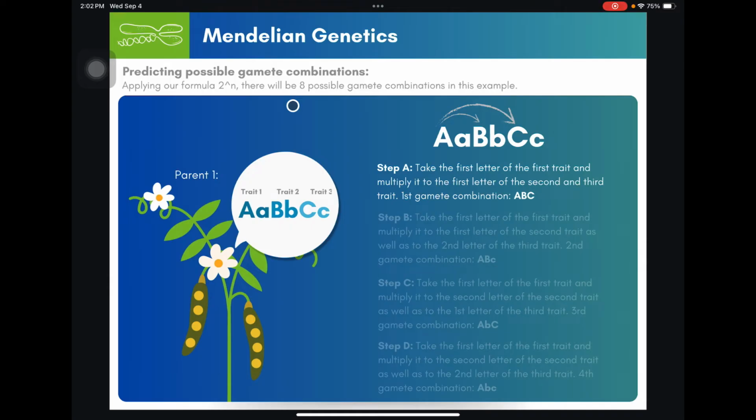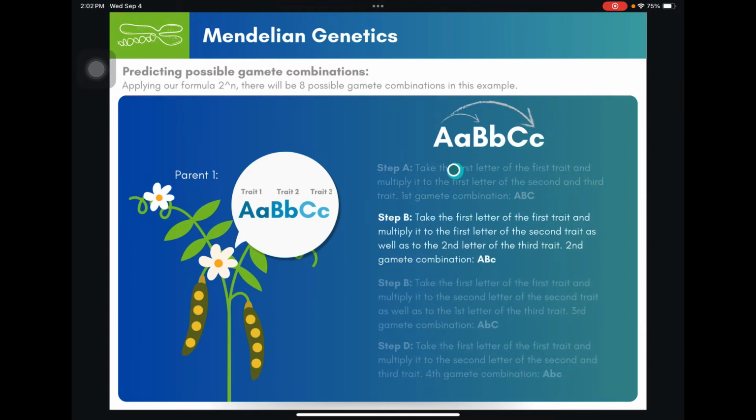In predicting possible gamete combinations like this one, you'll have to take letter per letter in each trait. Step A, take the first letter of the first trait and multiply it to the first letter of the second and third trait. In this example, we got all the dominant traits of letter A, B, and C.